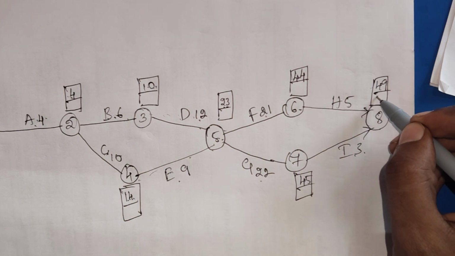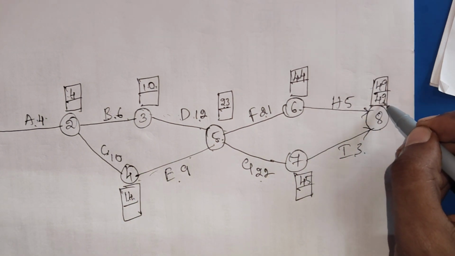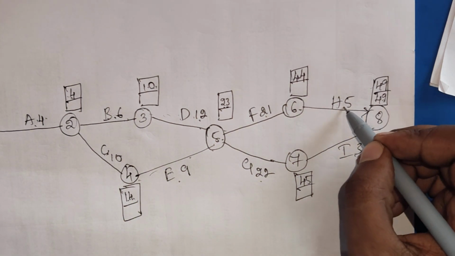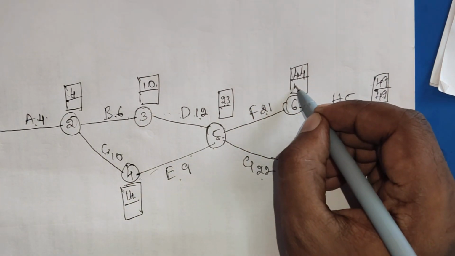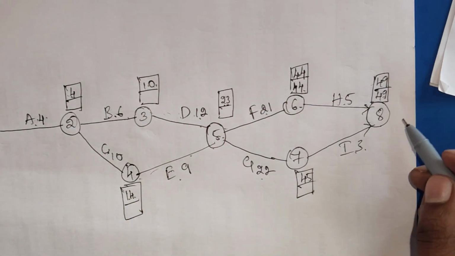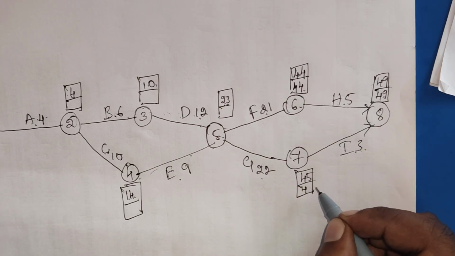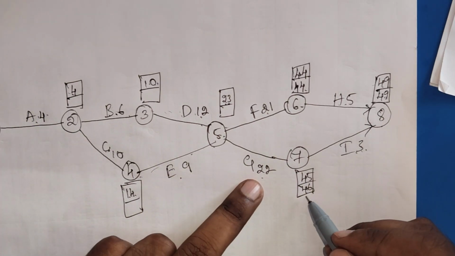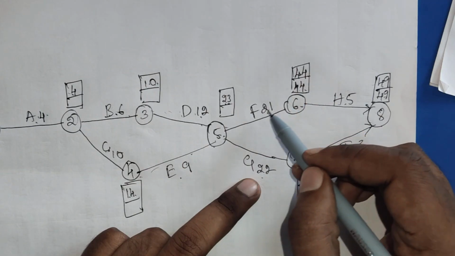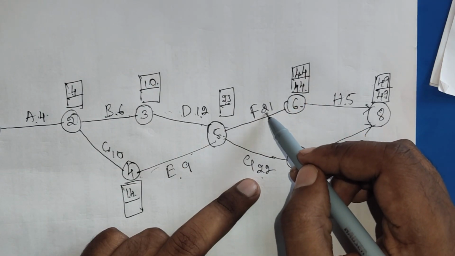For the backward pass, we start with the same thing: 49 minus 5 becomes 44, and 49 minus 3 is 46. Then 46 minus 22 and 44 minus 21, and we consider which is actually low.